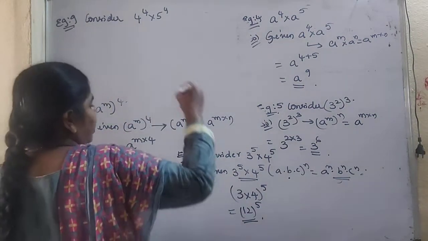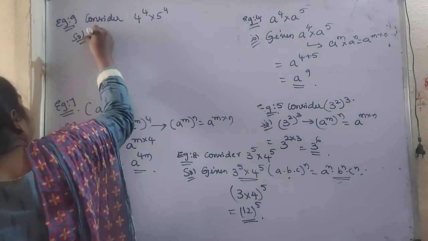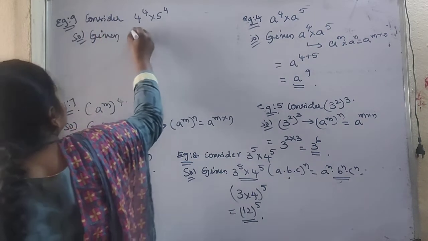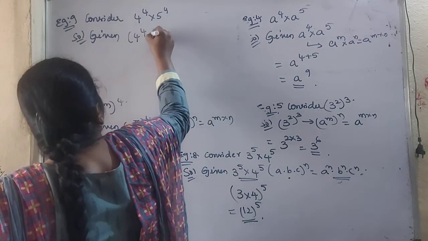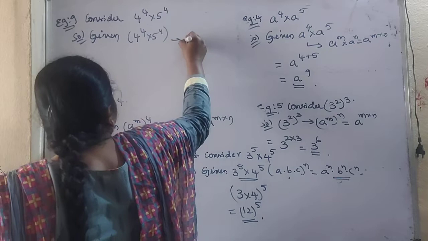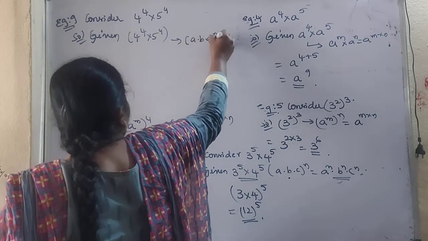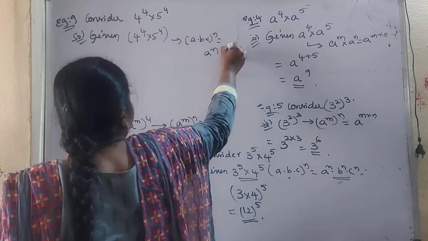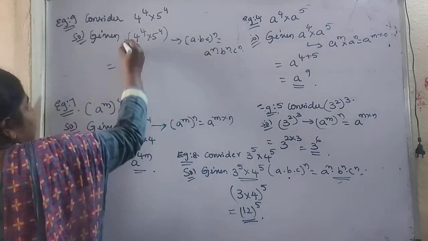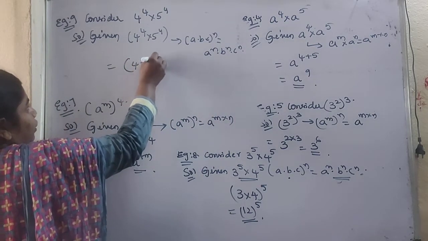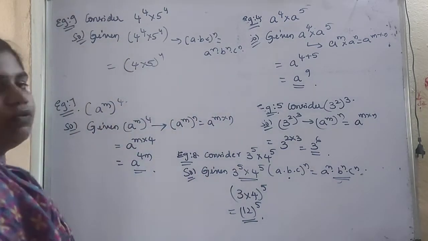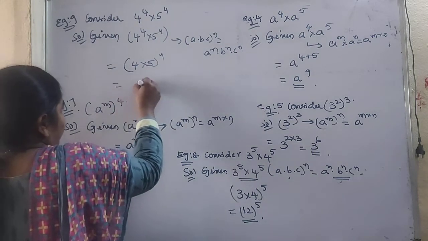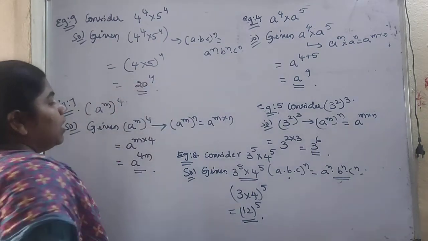So we can apply this formula again. Given 4 power 4 into 5 power 4, this is in the form of a power n into b power n into c power n. So we can write it in the form of 4 into 5 whole power 4. So 4 fives are 20, that is 20 to the power of 4 is our answer.